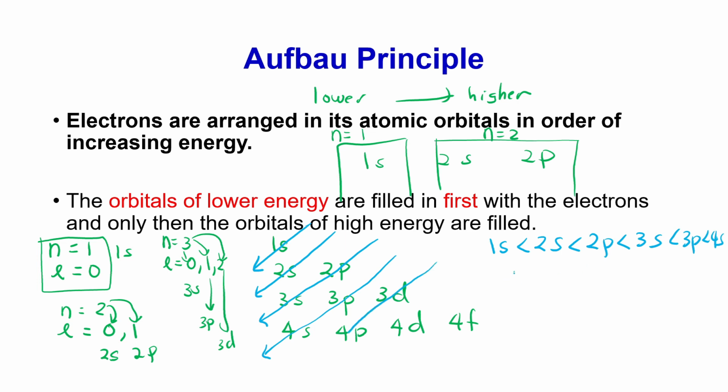By logic, after 3p we should fill 3d, but the energy level of 3d is slightly higher than 4s. That's why we fill electrons into 4s first. So 4s first before 3d.